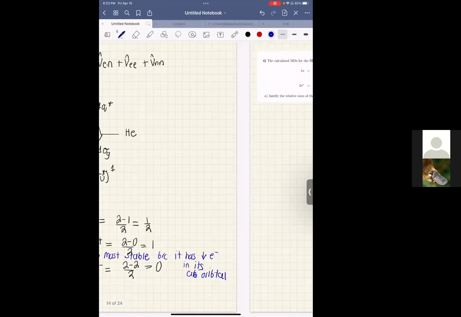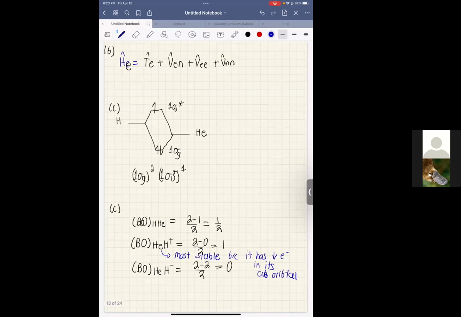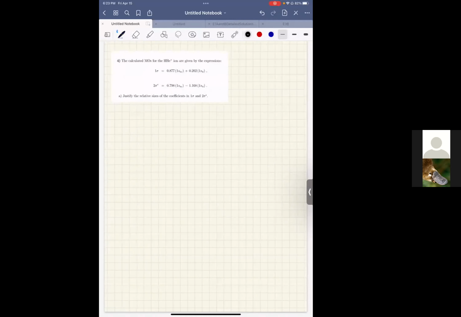Okay, and this here's one problem in recitation. It's asking: the calculated molecular orbitals of HeH+, the helium hydride ion, are given by this expression. Justify the relative size of the coefficients. This is supposed to be one sigma star.